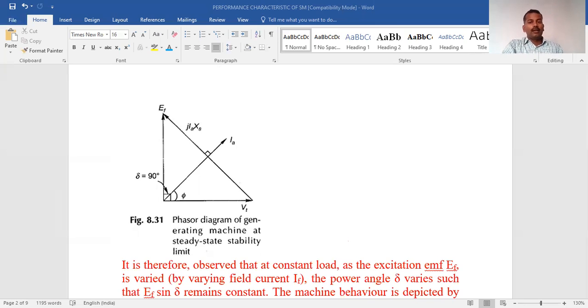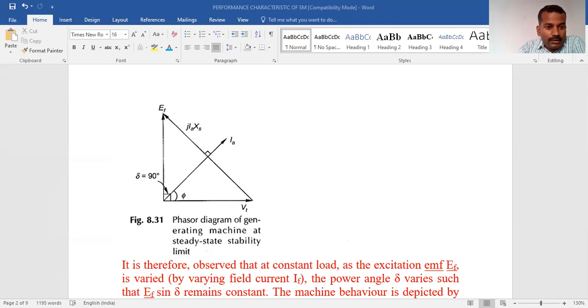Are you able to see this GIF video of the variation of the phasor diagram of P equal to EB sin delta? You can see here this green line is the voltage across the reactance jXI, right? And this red line is simply the armature current IA.